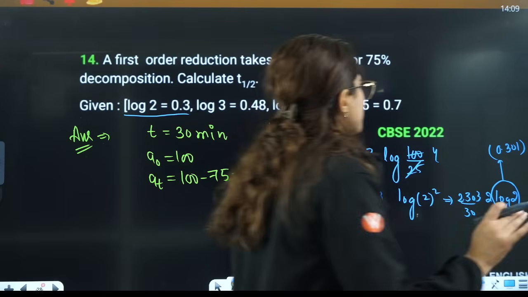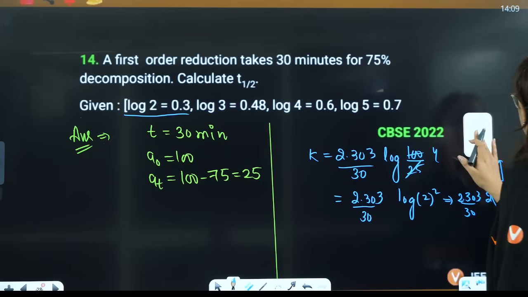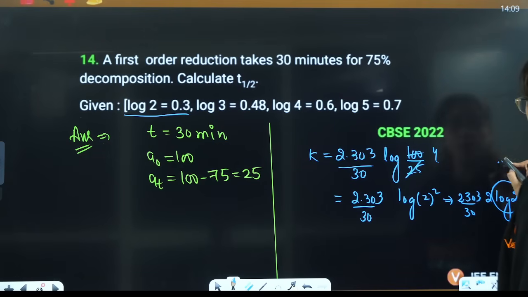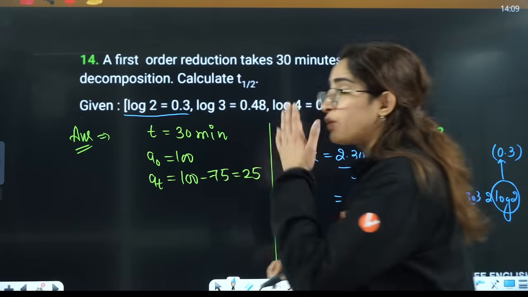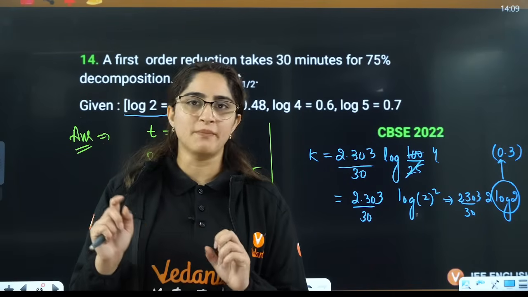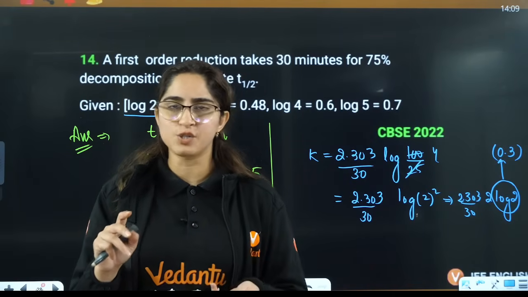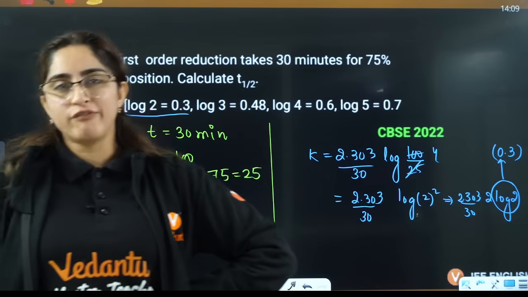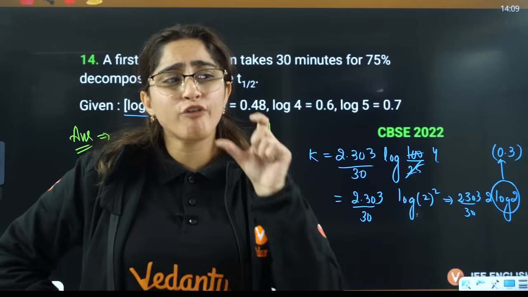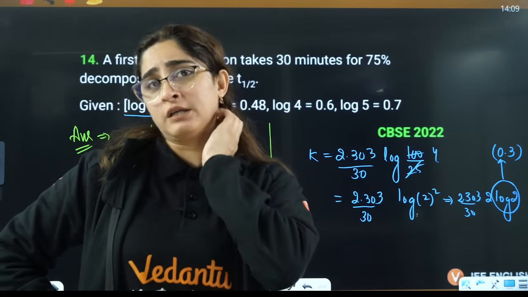In board examination, they give the value of log. But you should know the properties of log. And if still you don't know, then I will send you a video. In fact, you can also see that yourself. Just search log antilog by Diksha Ma'am. It is hardly a 40 minute video. That is definitely for JEE and NEET aspirants, but for you, the properties part you can learn from there.